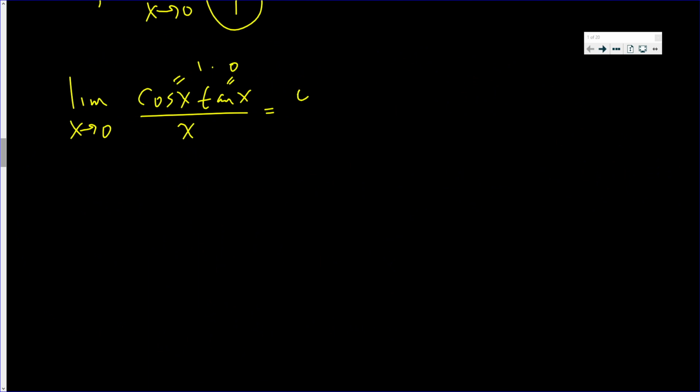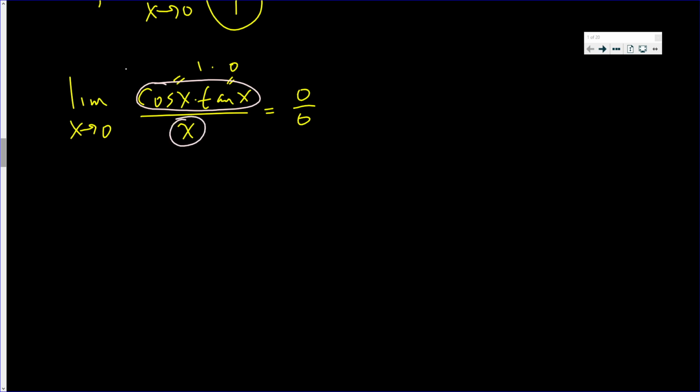You multiply them and you get 0 over 0. Now, you can use L'Hôpital's rule, but that's going to involve taking a derivative of the top, which will involve us using the product rule.